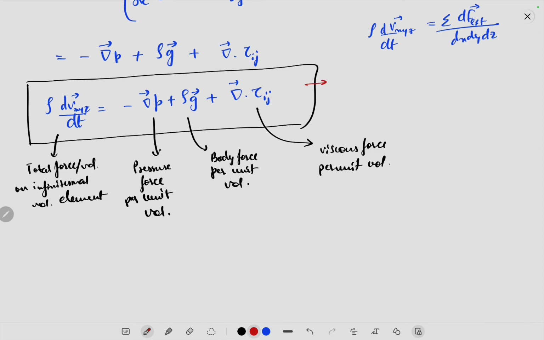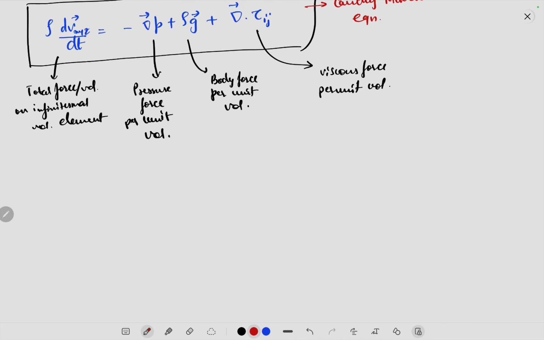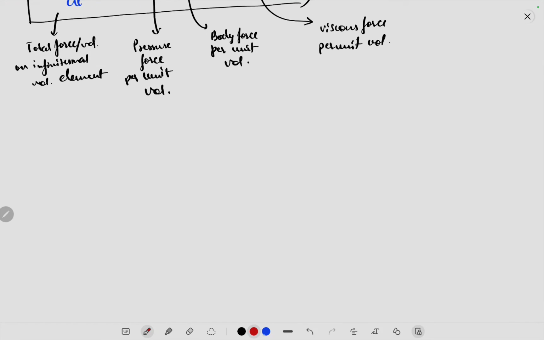Okay, this equation is referred to as the Cauchy momentum equation. Okay, now let's focus on the shear stress tensor tau ij for incompressible fluids.